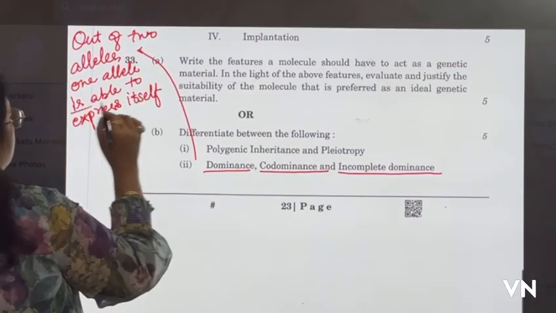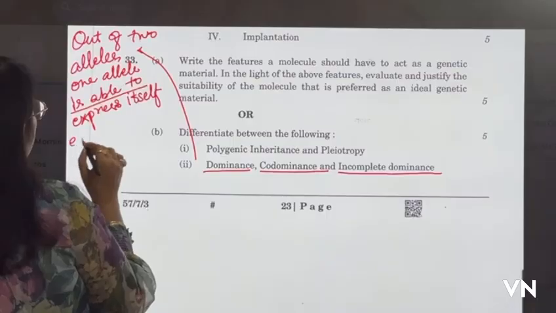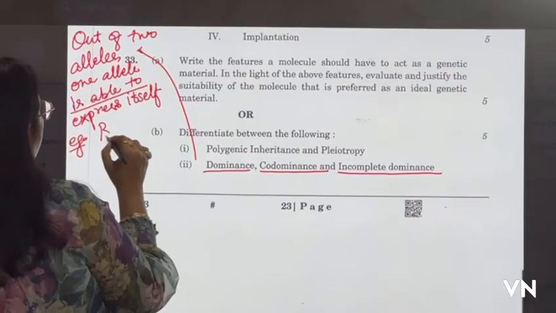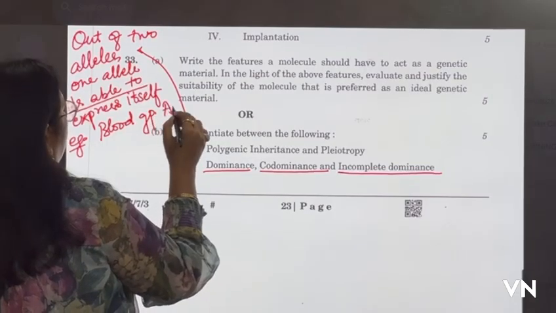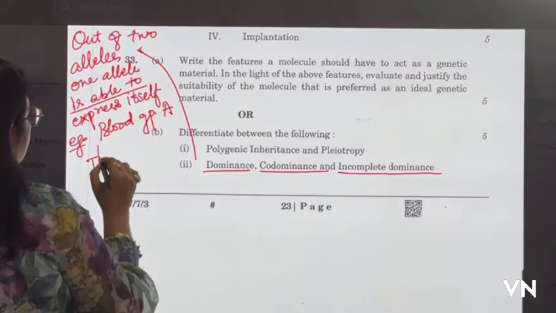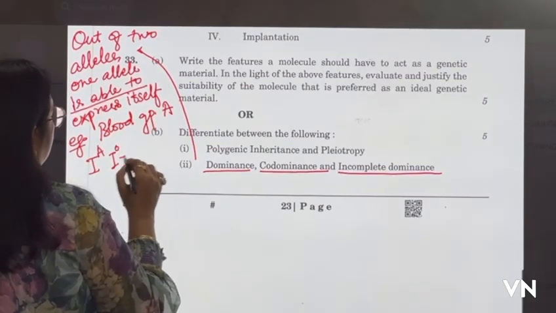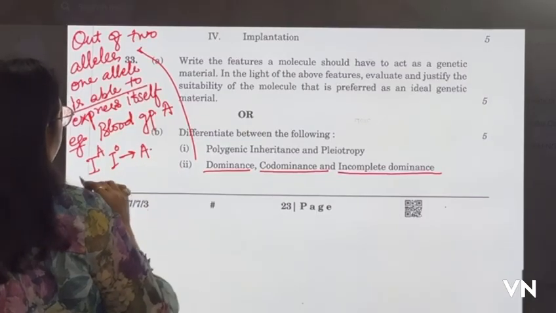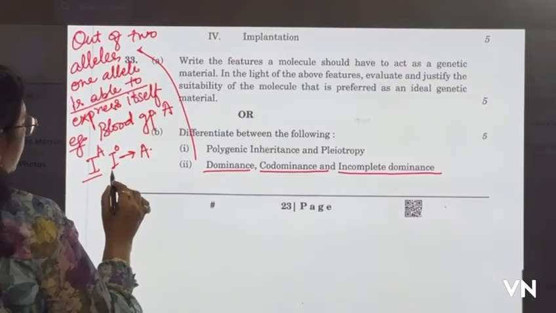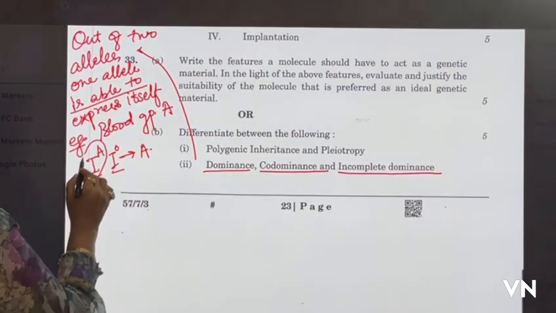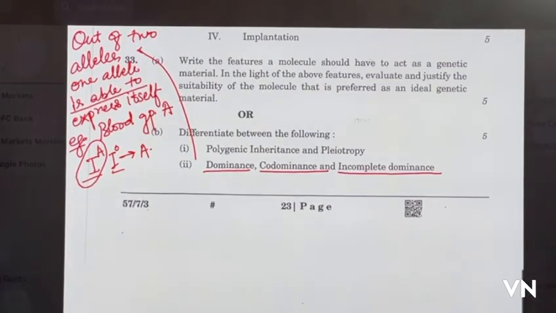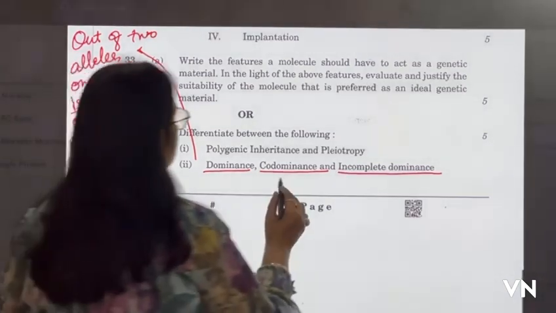The one which is able to express itself is dominant. For example, blood group A. In heterozygous condition, IA, I0 will give rise to blood group A. This is able to express itself. This is not able to express itself. So this one is an example of dominance or complete dominance.